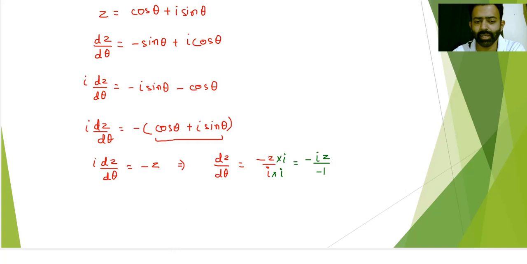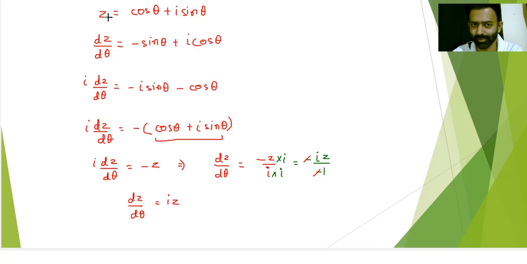I can cancel the minus with minus, so we have dz by d theta is equal to i times z.